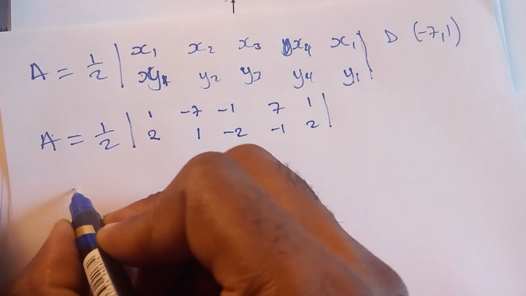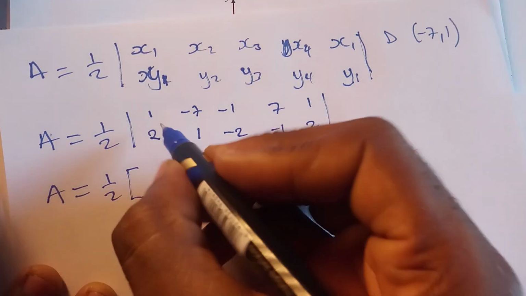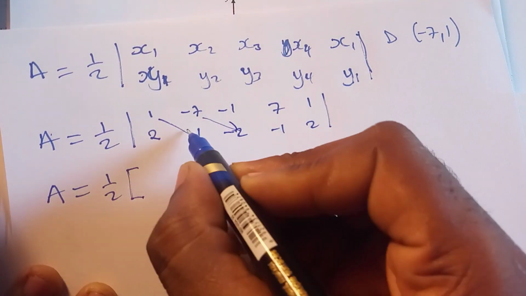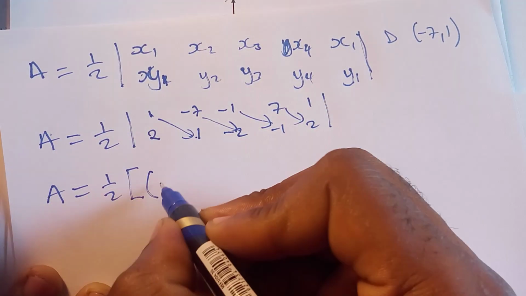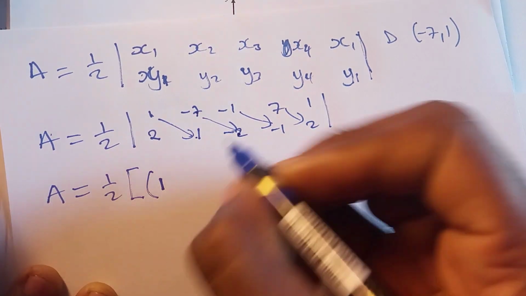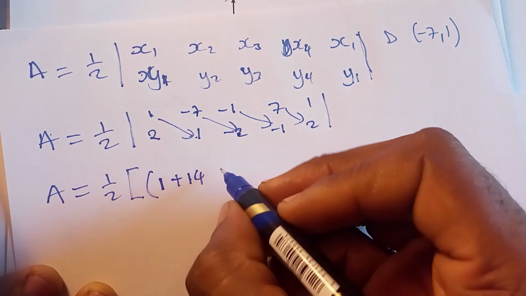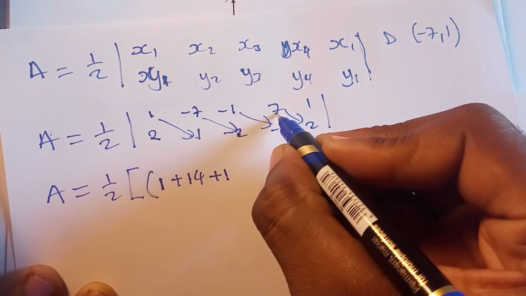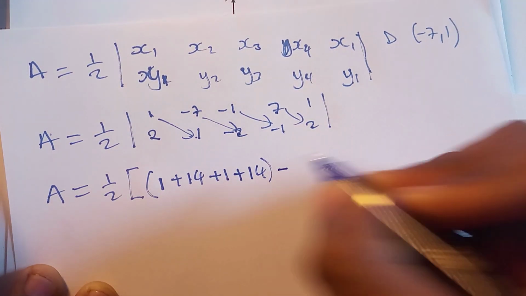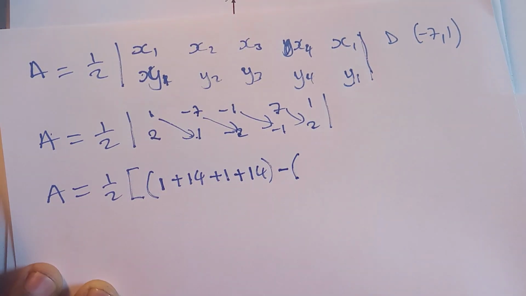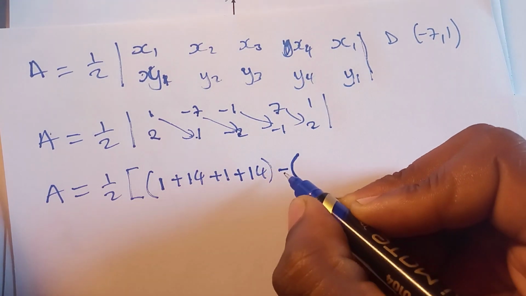So now to find the area, you get the product of the major diagonals first. So this times this is 1, -7 times -2 is +14. -1 multiplied by -1 is +1. 7 multiplied by 2, this is 14. Then minus brackets. These brackets are very important because we have a negative sign here.